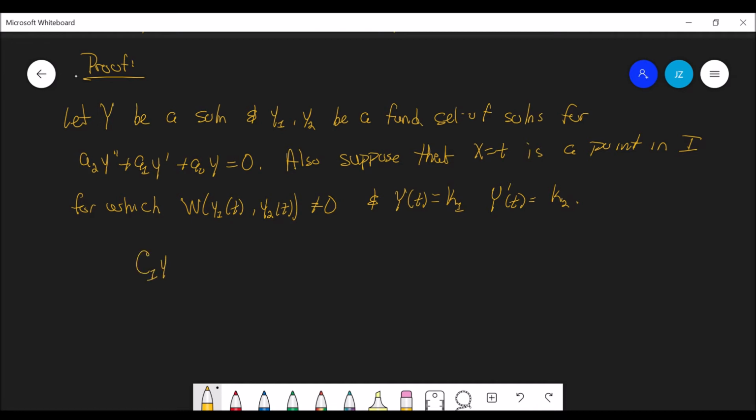Capital C1 y1 of t plus capital C2 y2 of t is equal to k1, and capital C1 y1 prime of t plus capital C2 y2 prime of t is equal to k2.